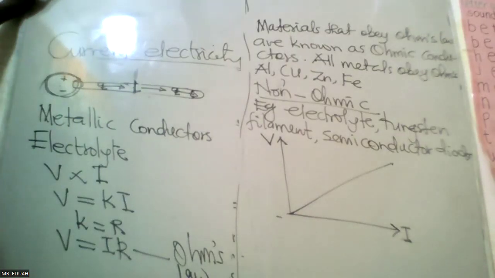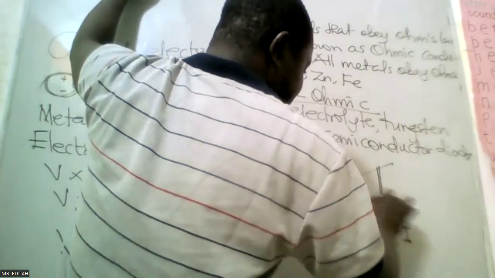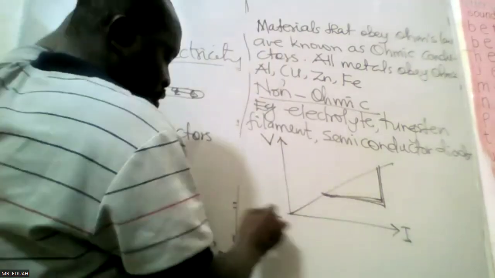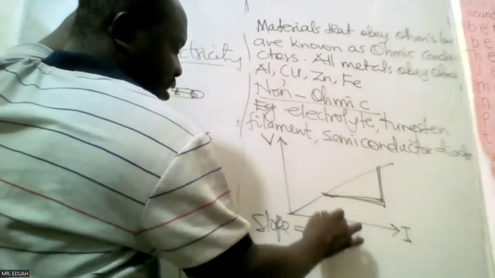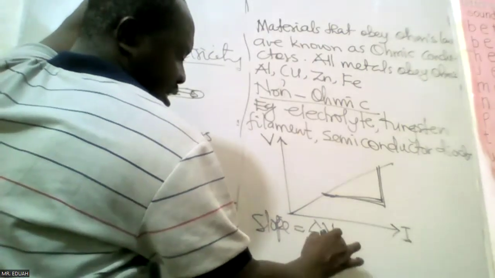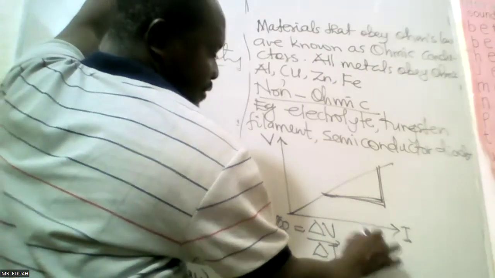The slope of this straight line, which is the change in voltage over the change in current, is equal to the resistance.